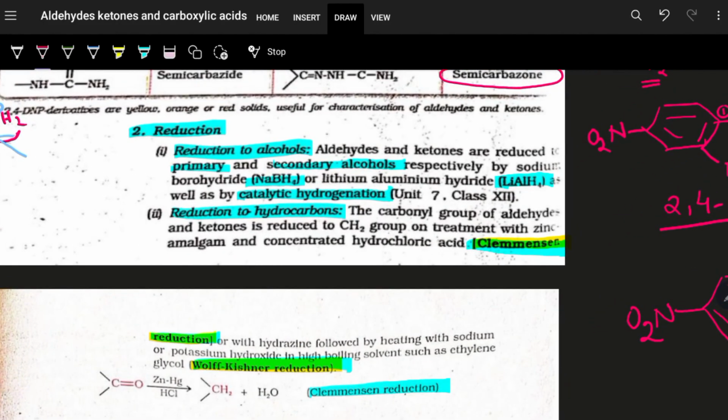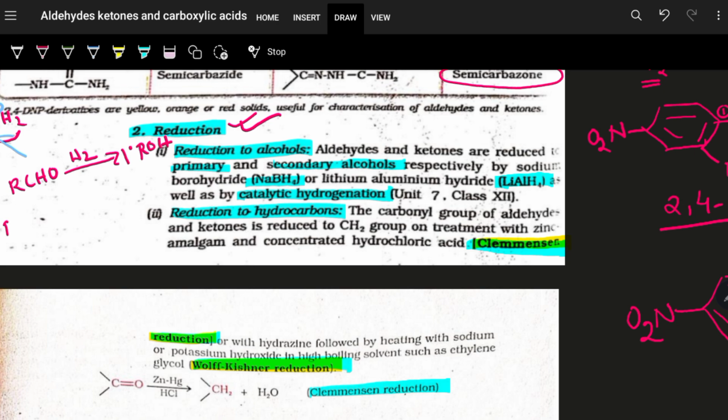Next, after this we go to the reaction which is reduction. We have already seen that aldehydes and ketones reduce to alcohol. Aldehydes like RCHO undergo reduction to form 1 degree alcohol.